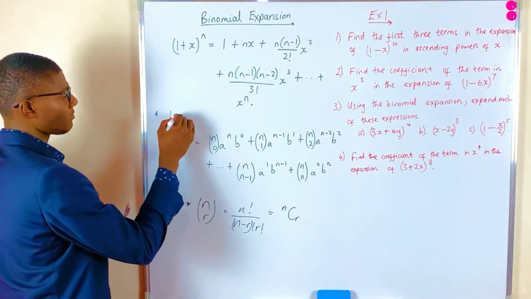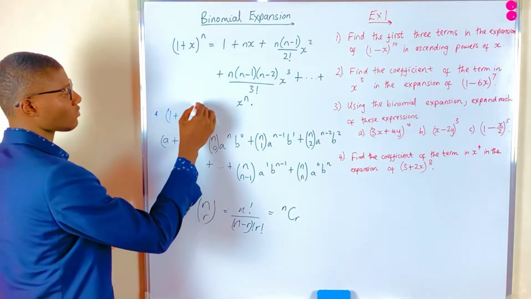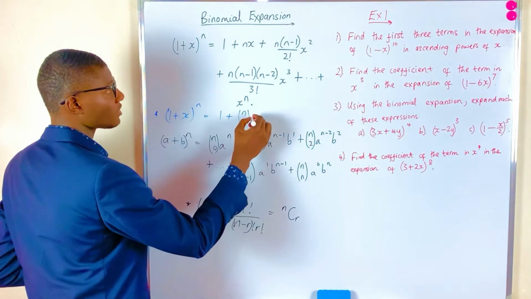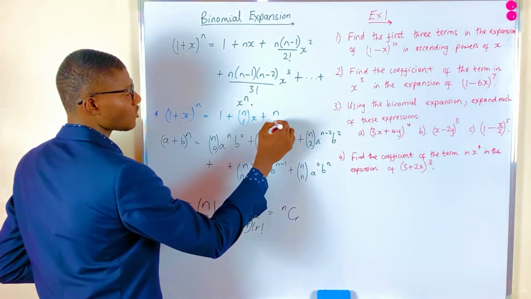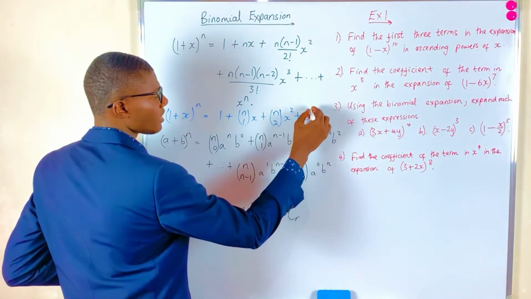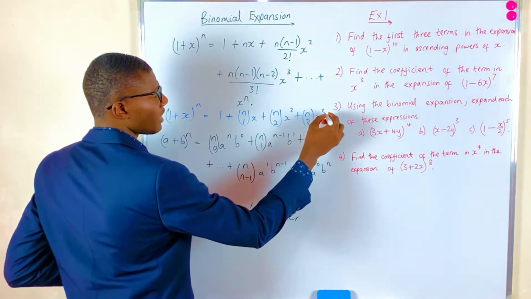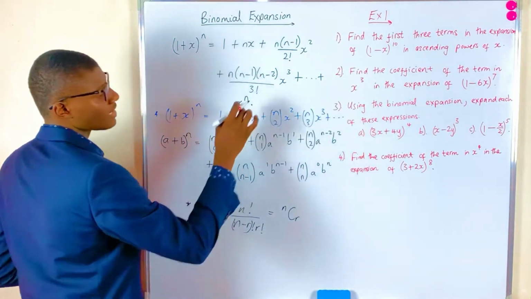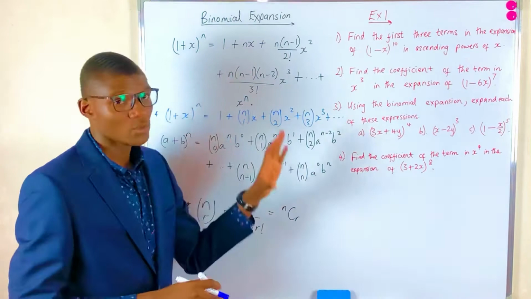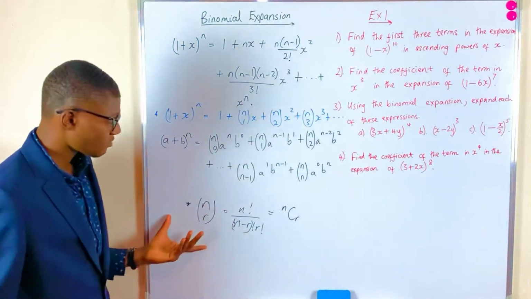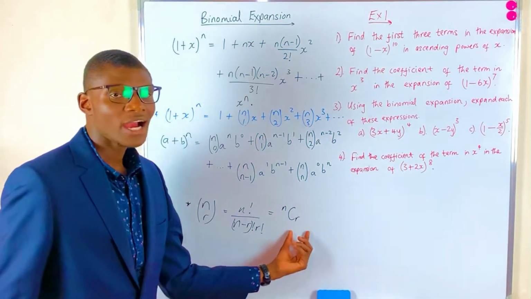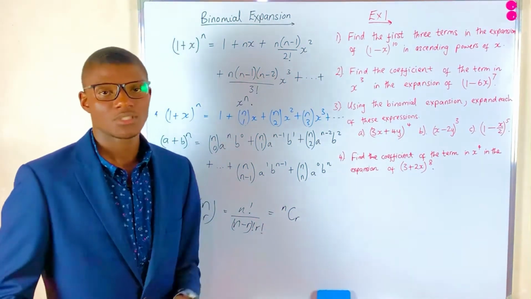We're saying 1 plus x raised to the power of n we can write as 1 plus n choose 1 multiplied by x plus n choose 2 multiplied by x squared plus n choose 3 multiplied by x to the power of 3, then plus the continuation up to x to the power of n. Like I've explained, n choose r simply says we want to choose r quantities from a total of n objects.